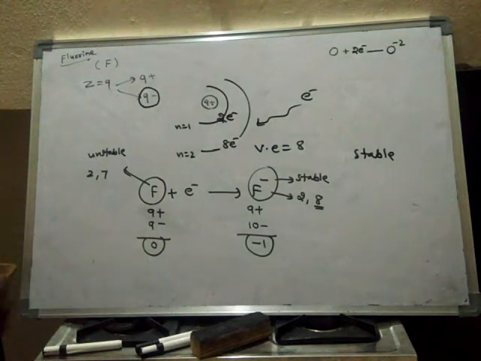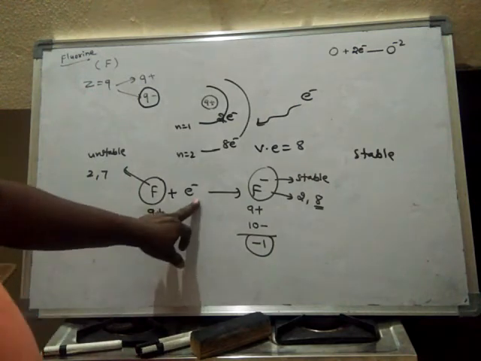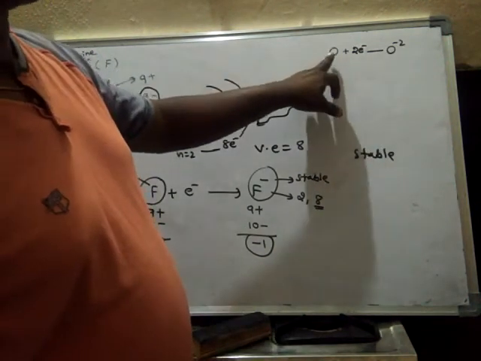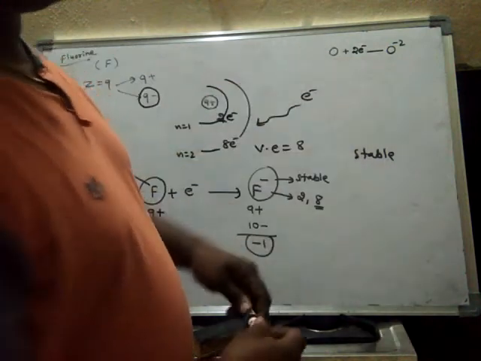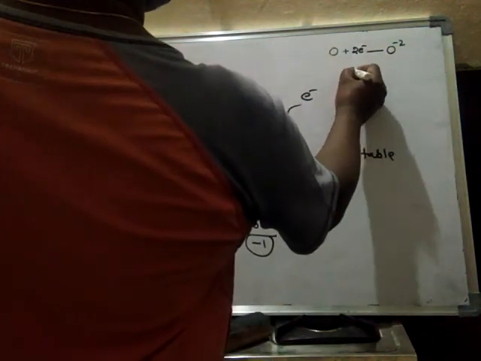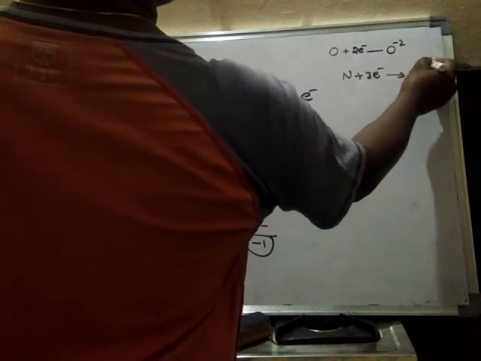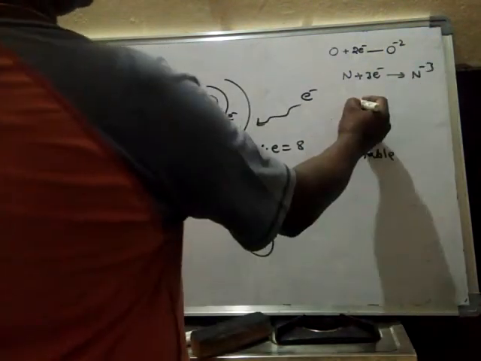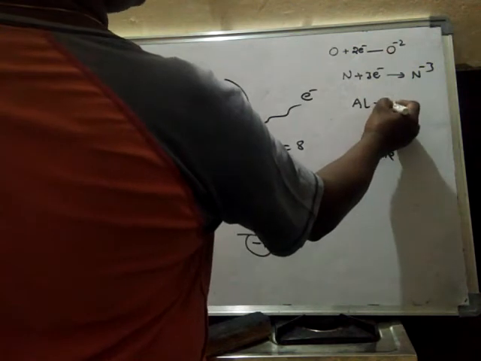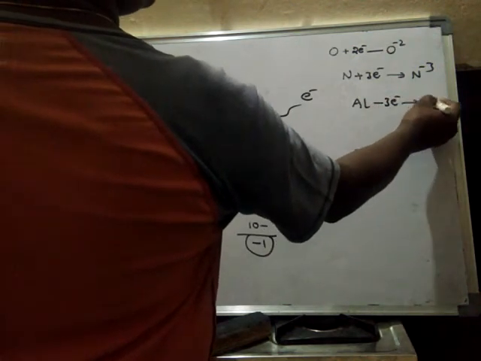So certain atoms try to lose electrons to become stable, and certain atoms try to gain electrons. Some atoms gain 1 electron, some gain 2 electrons, and atoms like nitrogen gain 3 electrons to form N minus 3. Certain atoms like aluminium lose 3 electrons to form Al plus 3.